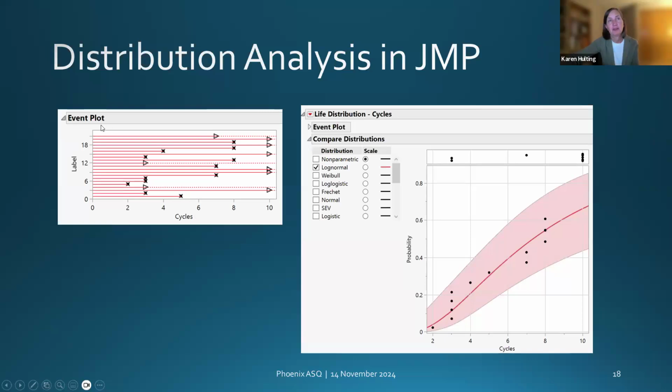I'm a big fan of this event plot. And in this event plot, I should have put in here the key, but you can sort of visually see, here's all my censored observations. This is this first set of actual failures. So each one of these X's, we had 12 failures. So 1, 2, 3, 4, 5, 6, 7, 8, 9, 10, 11, 12. Each one of these kind of almost looks like a little insect.